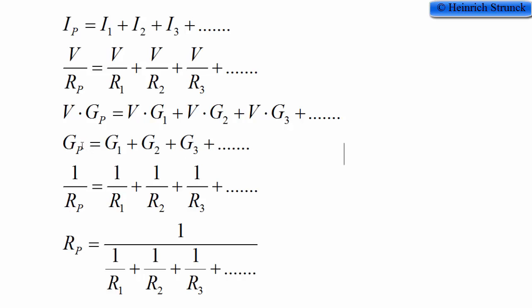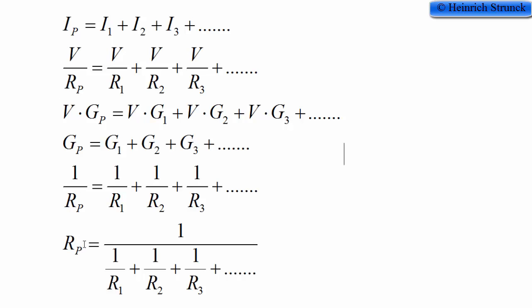Now we can go back and say that the conductance is the reciprocal of the resistance. So it means that 1 divided by Rp for parallel is equal to 1 divided by R1 plus 1 divided by R2 plus 1 divided by R3 and so on. Actually, we can make that sometime before, because from line number 2 we can go down here if we just set it up here that the voltage is 1 volt.